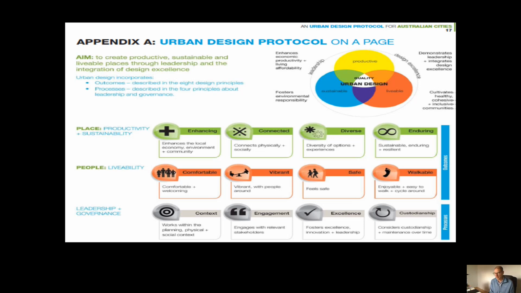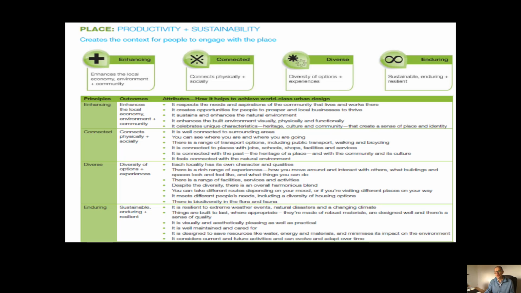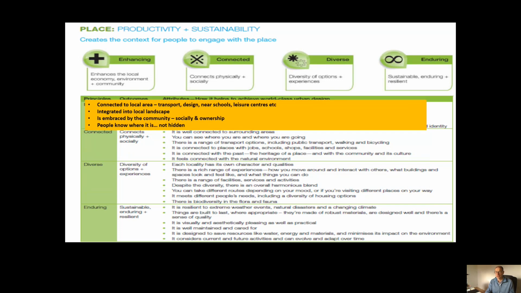What's their sustainability? Because at the end of the day, council are the custodians of the lands for the next generation. So we've got to make sure that it works, not only for the current players, but what future people want to use. And within each of those principles, we actually have a look at various attributes, how it helps achieve a world-class design. And there are some of the things we put in there.